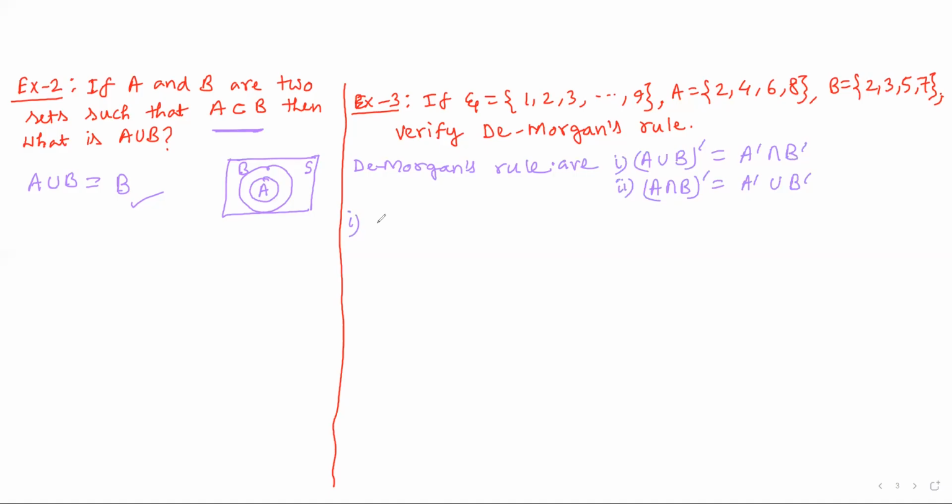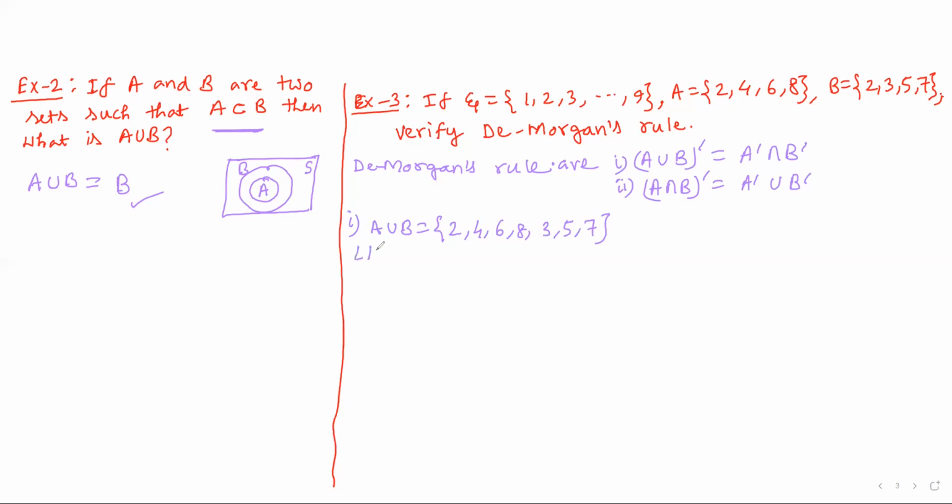So to verify the first result, first I will calculate A union B. A union B means common and uncommon elements between A and B. So 2 is the common element between A and B, and the uncommon elements in the A set are 4, 6, 8, and in the B set the uncommon elements are 3, 5, 7. So this is the result of A union B.